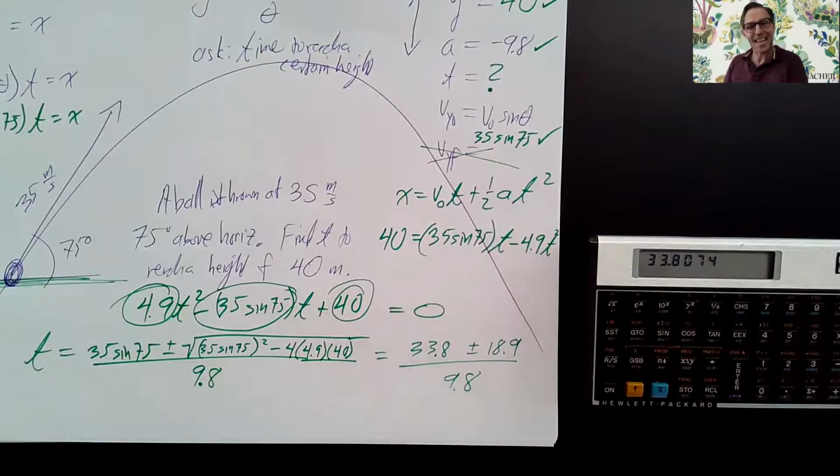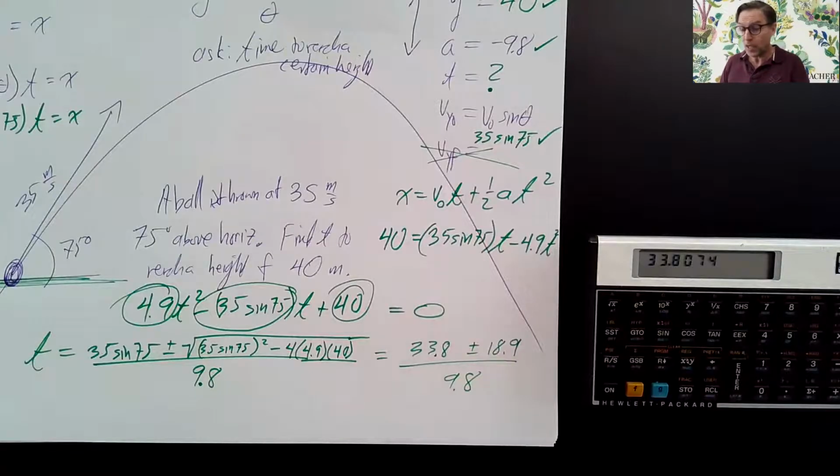And what's nice at this point is I can see 33.8 plus 18 is about 50, divided by 9.8 is about 5. So around 5 seconds. 33.8 minus 18.9 is about 15. 15 over 9.8 is around 1.5.